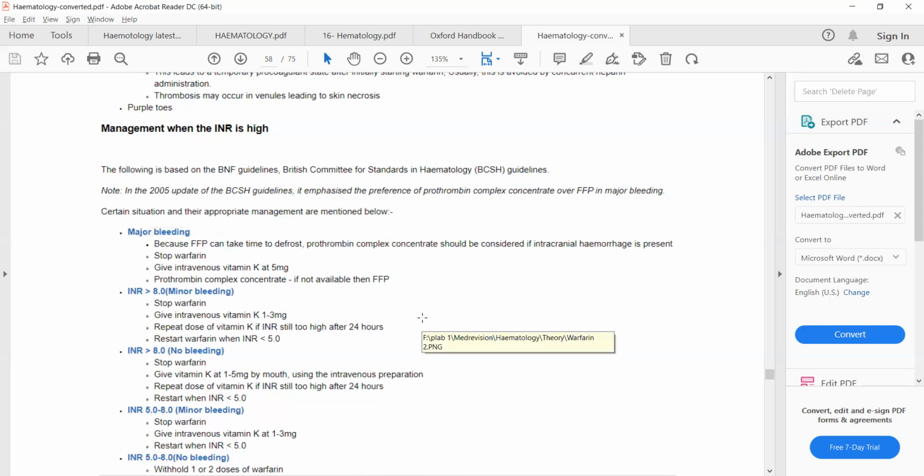And then we will check INR after 24 hours, and if INR is still high, then we will repeat the dose of vitamin K.